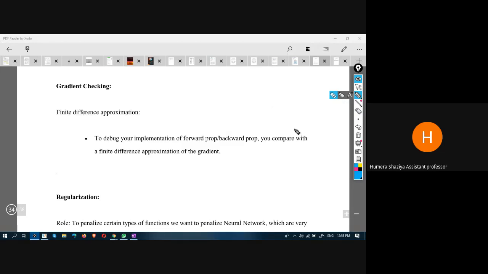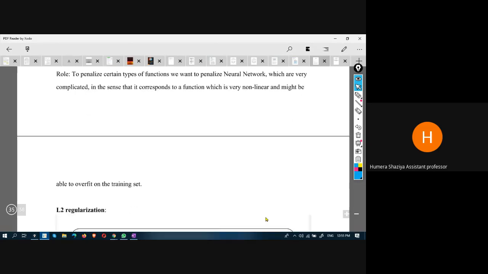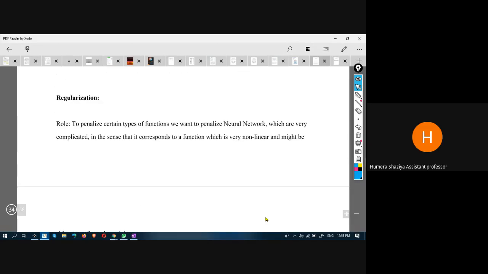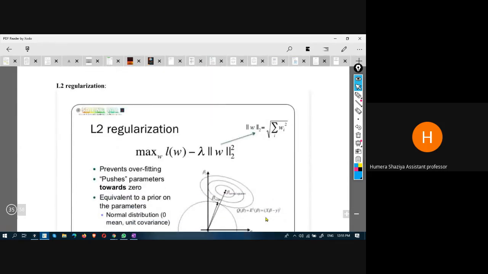Then you have regularization. What do you mean by regularization? Regularization is an approach in order to reduce overfitting. In order to reduce the overfitting problem, regularization is used. So there are two types of regularization, L1 and L2.